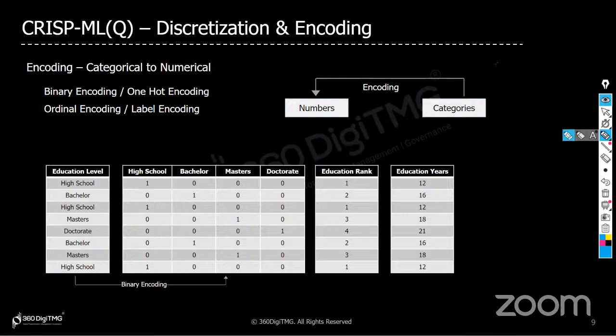But suppose you have 2 columns or 1 column. Imagine there is a gender column. Within this gender column, we have a possibility of 2 values, whether a male or a female.